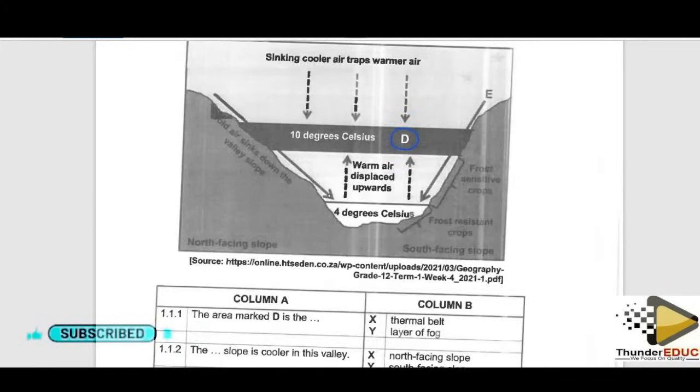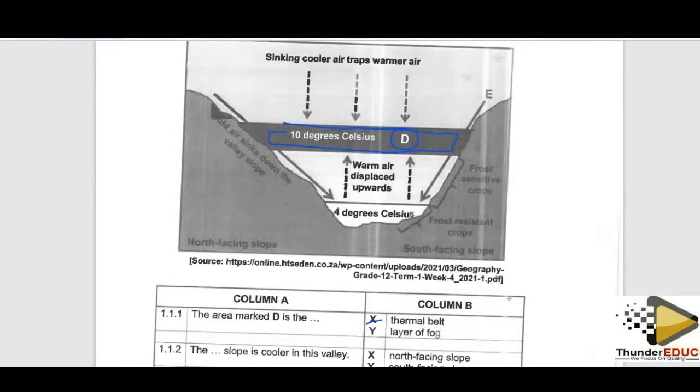So it is referring to the whole of this section. All of this section is area D. Now, is that a thermal belt or layer of fog? And our answer is supposed to be X, which is supposed to be a thermal belt.